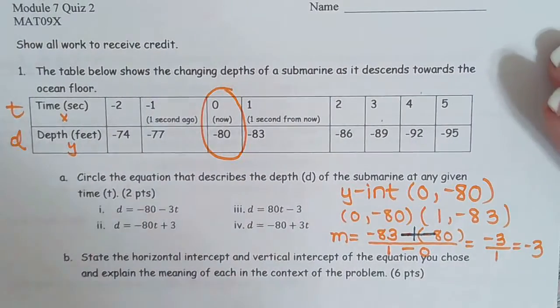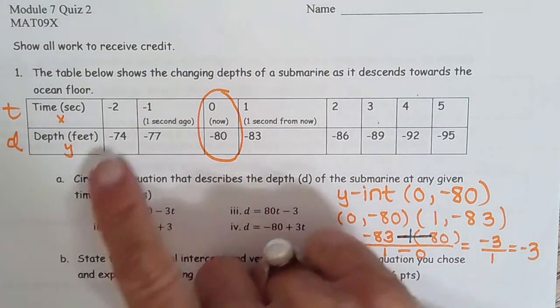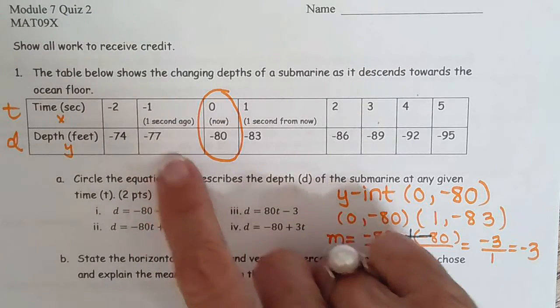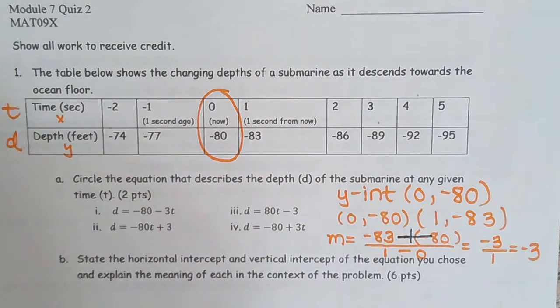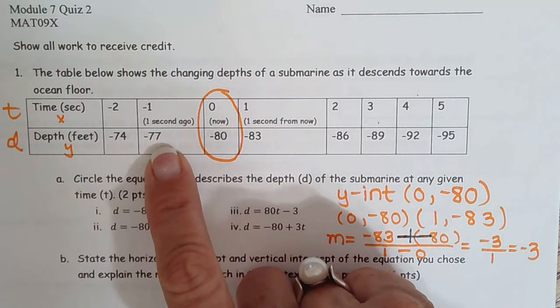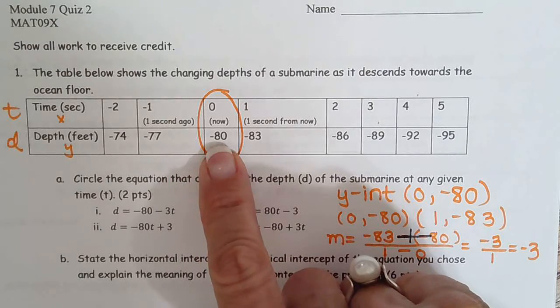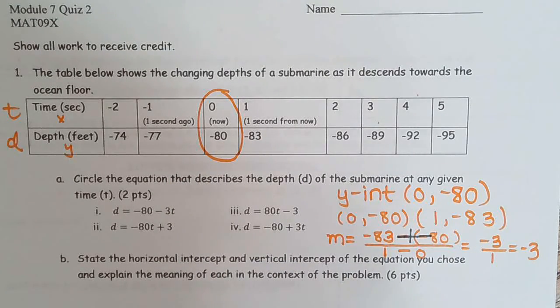So we can verify that with the table. We can say, well, if the slope's -3, that means all these should be going down by 3. Down by 3, down by 3, down by 3, down by 3, and they are. -74 minus 3 is -77. -77 minus 3 is -80. -80 minus 3, -83. So that verifies.